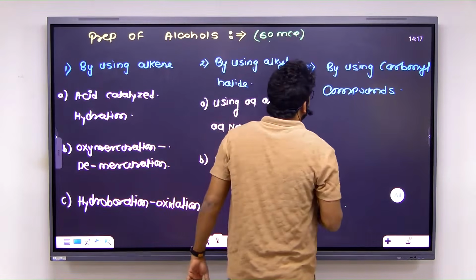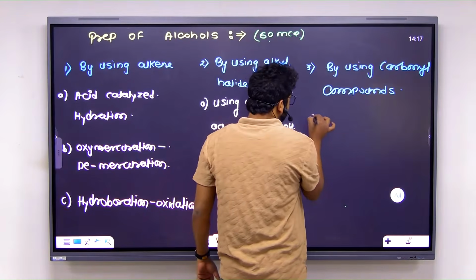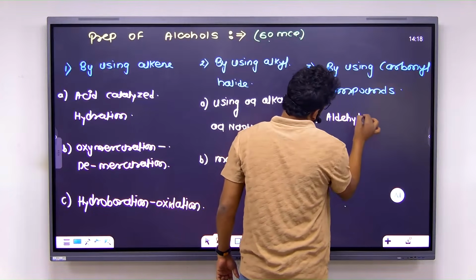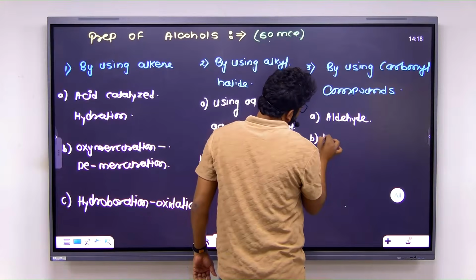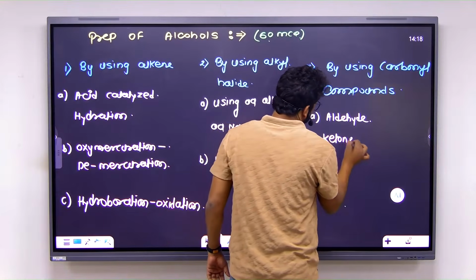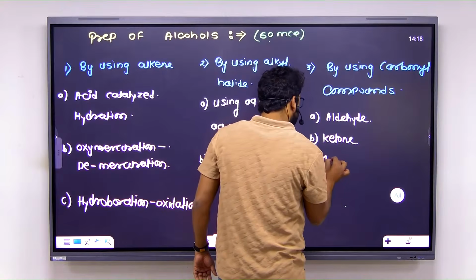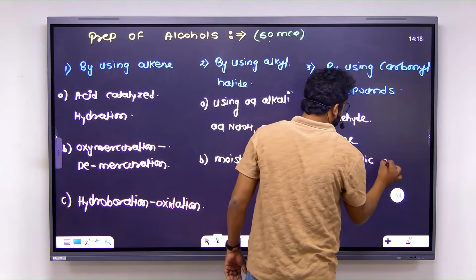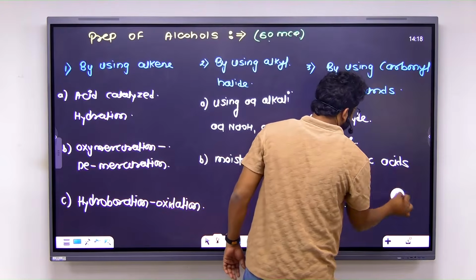By using carbonyl compounds, like you can say your aldehyde is there, right? A ketone is there. You can see carboxylic acids, right?